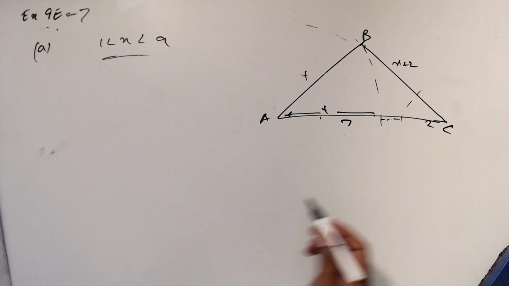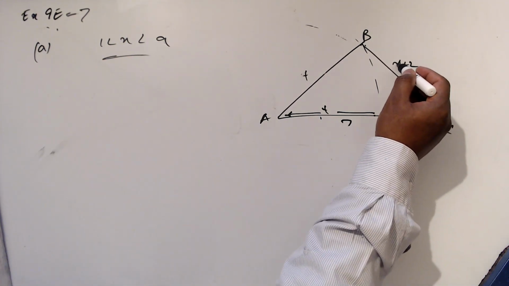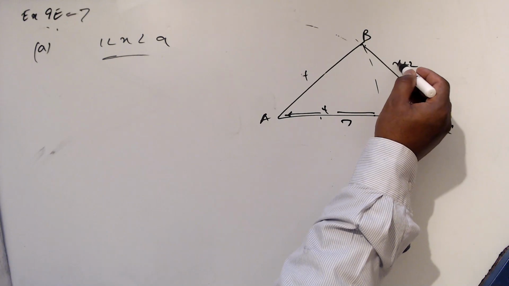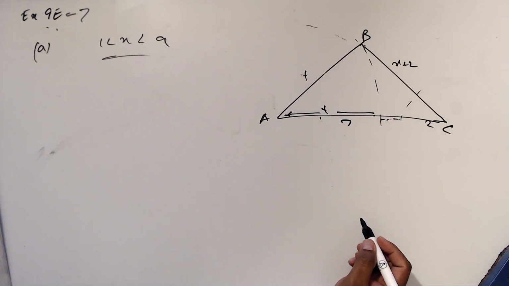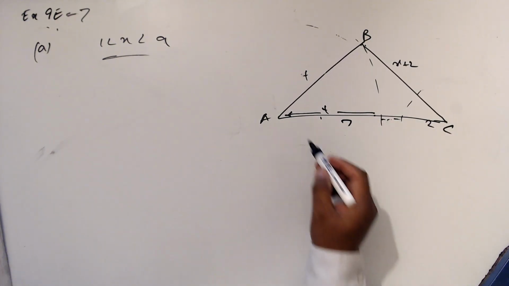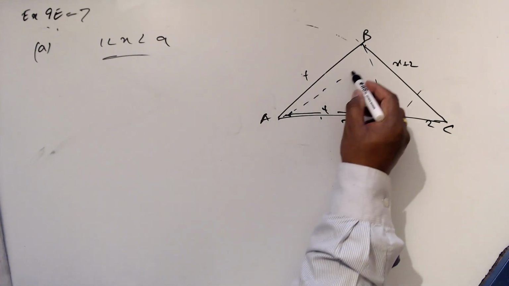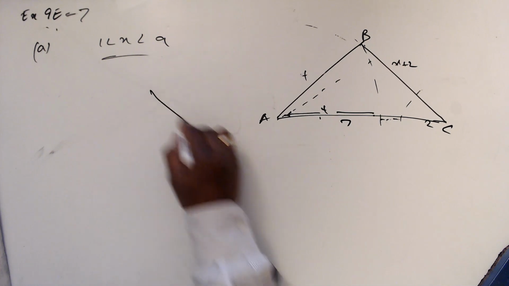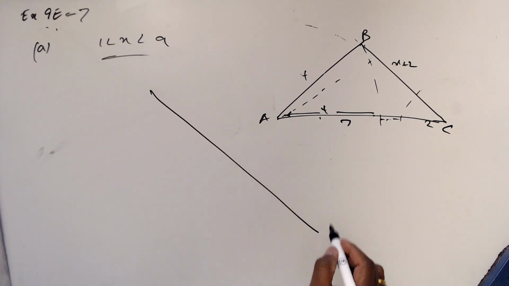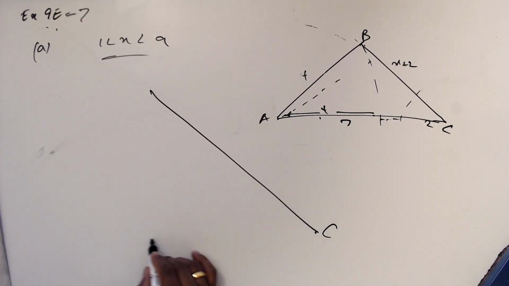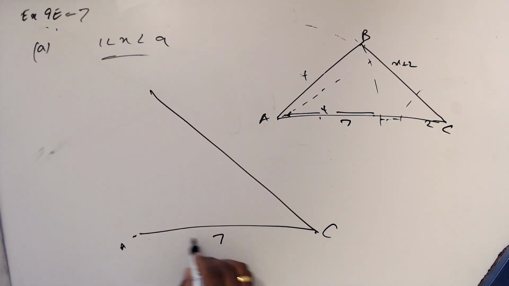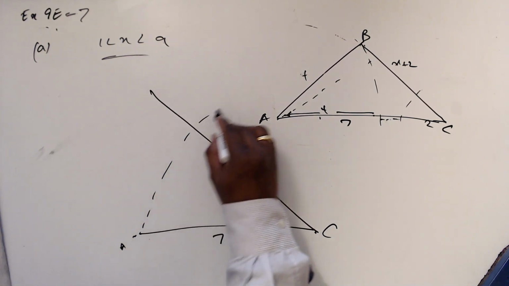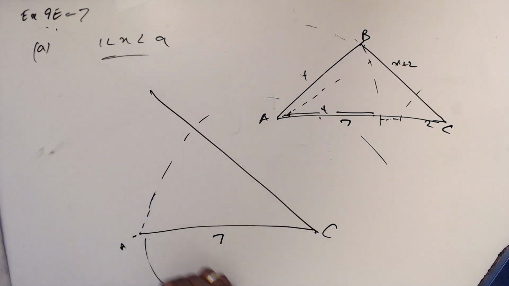The other argument is this is x, and I can expand as much as x. So this is C, this is A, this is 7. I'll bring that one, this is 7 radius.